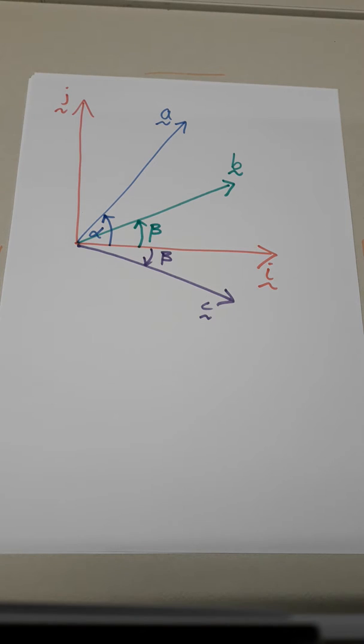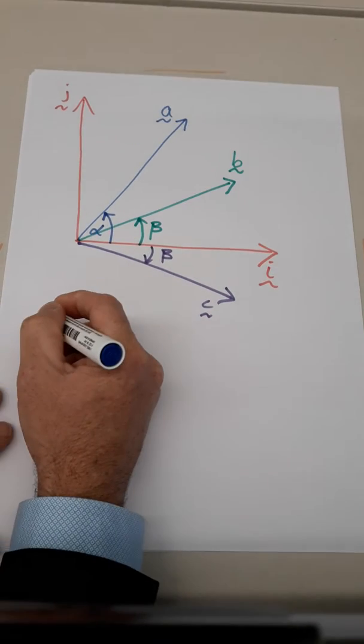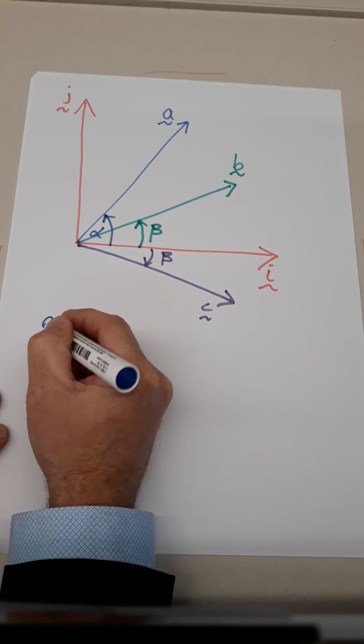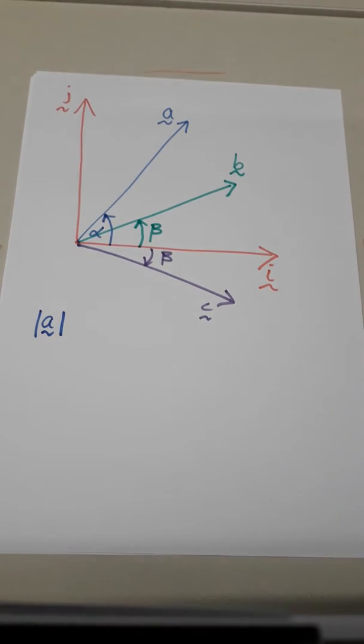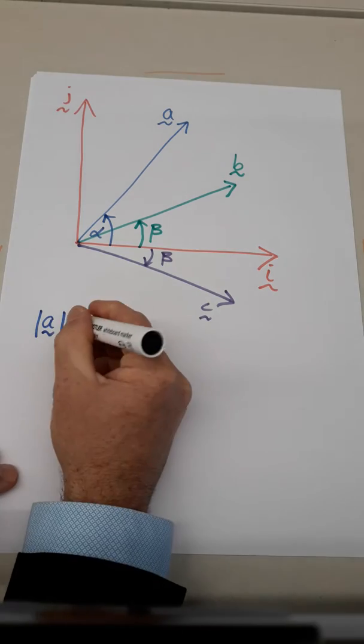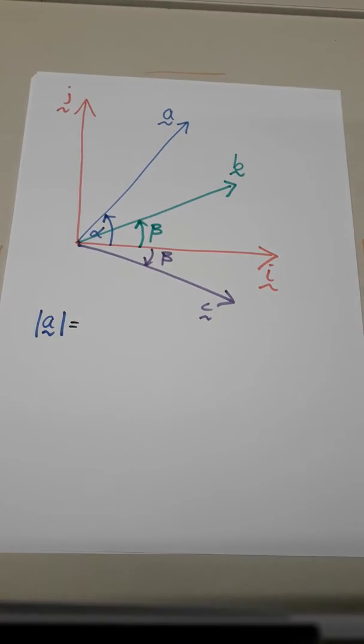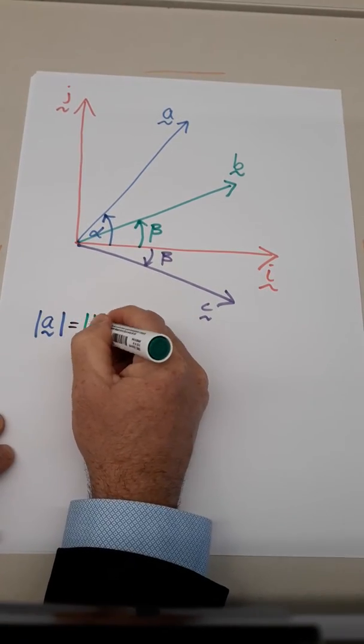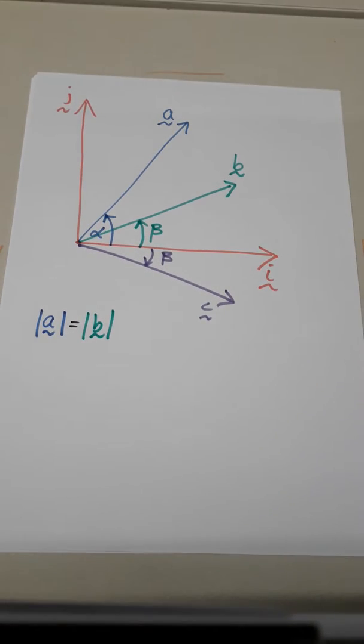So I've set it up so that my three vectors, A, the size of that is 1. And vector B, the size of that is also 1. So vector A size equals vector B size.